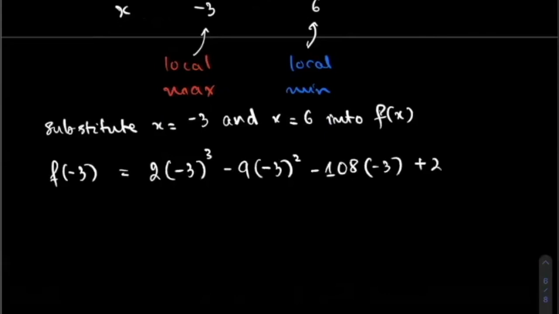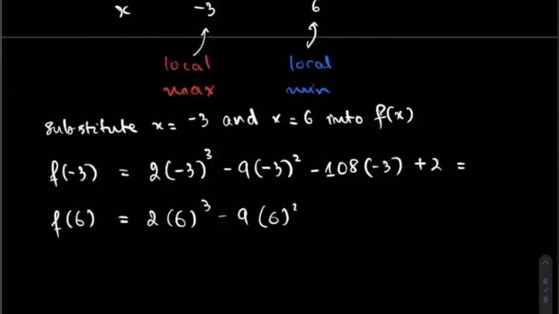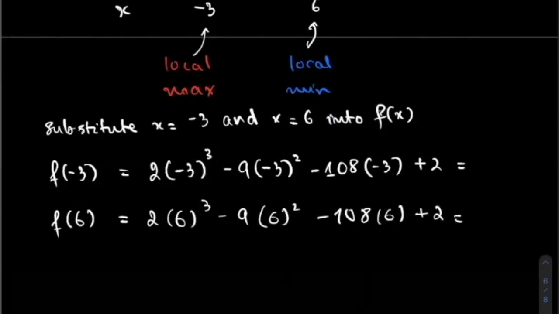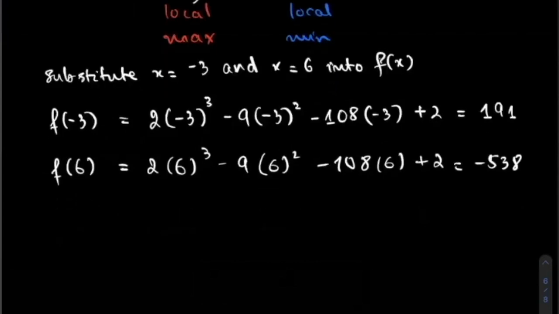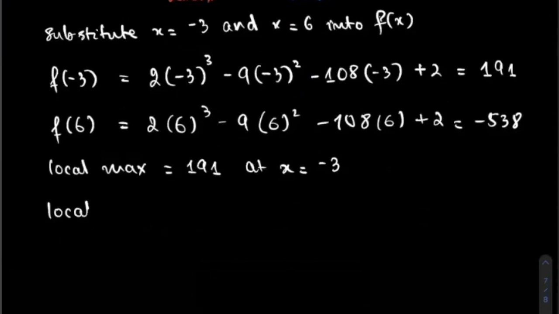And f of 6 is equal to 2 times 6 cubed minus 9 times 6 squared minus 108 times 6 plus 2. This is 191, and this one is -538. So you conclude that the local maximum is equal to 191 at x equal to -3, and the local minimum is equal to -538 at x equal to 6.